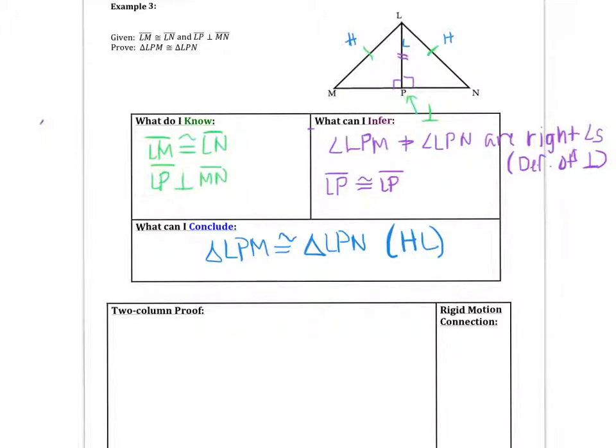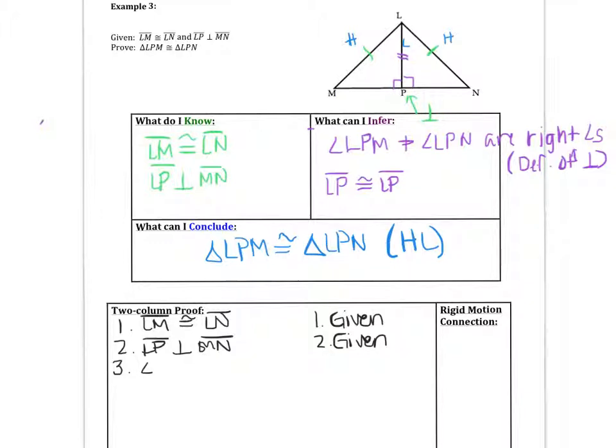So here is my two-column proof. And that's given. Alright, and then my infers, angle LPM and angle LPN are right angles.